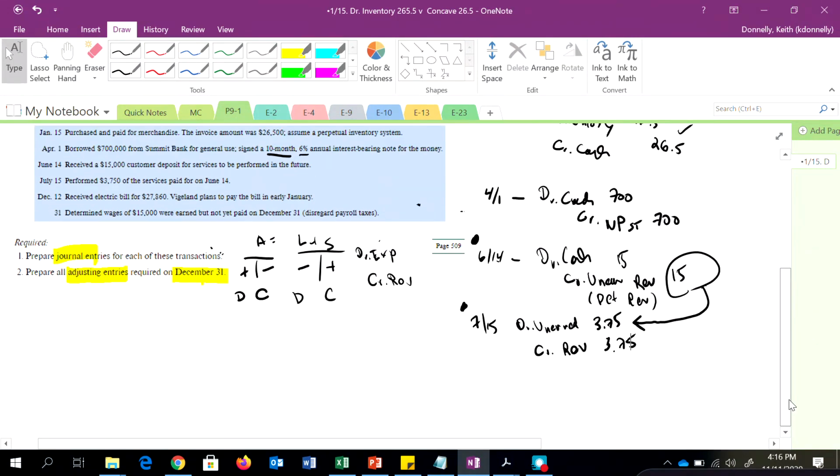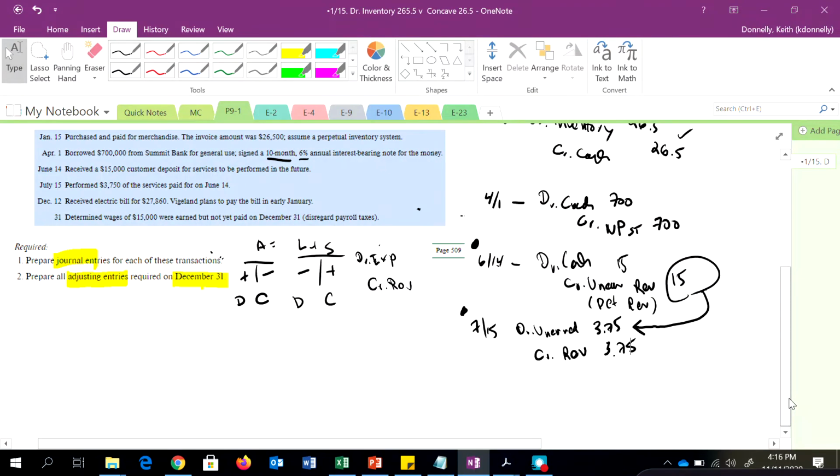Then it looks like the next one here, December 12th. We'll just move over here. December 12th, we received an electric bill for $27,860. We plan to pay the bill in early January, right? So we know this is an accrued expense.